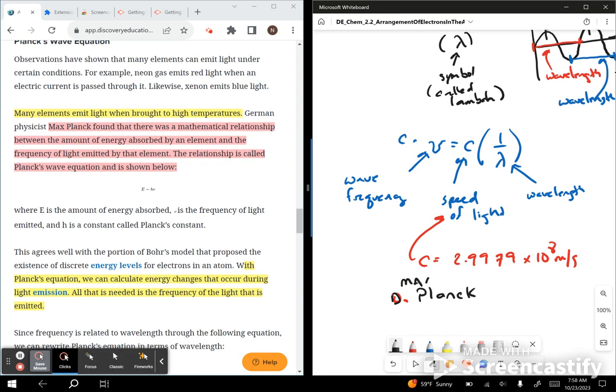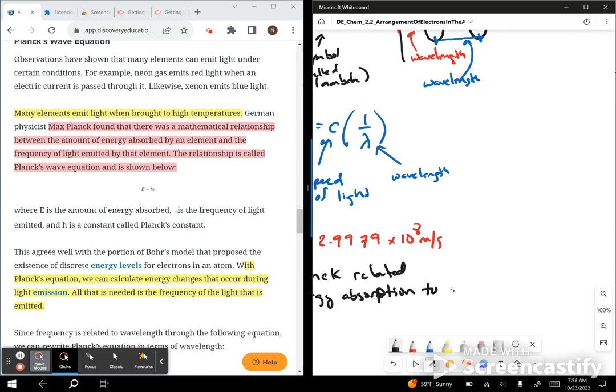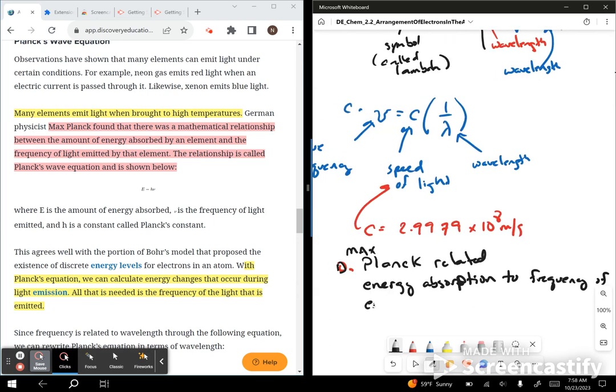Max Planck related energy absorption to the frequency of light emitted.